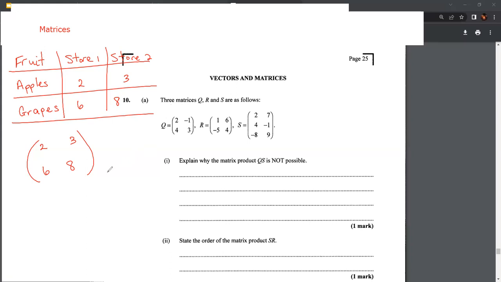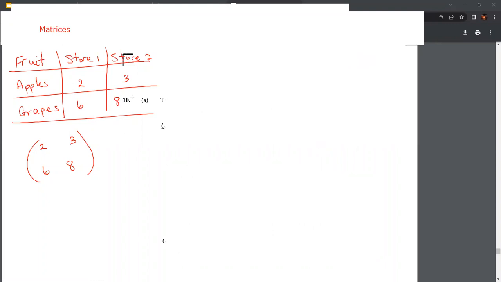Now, when it comes to matrices, with respect to... all right, sorry about that, guys.